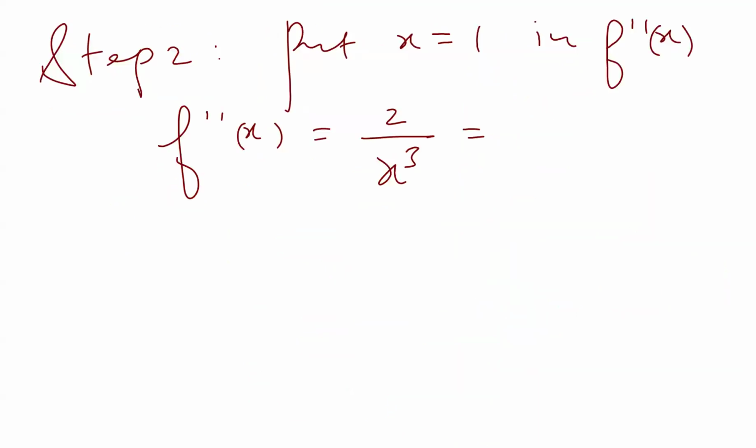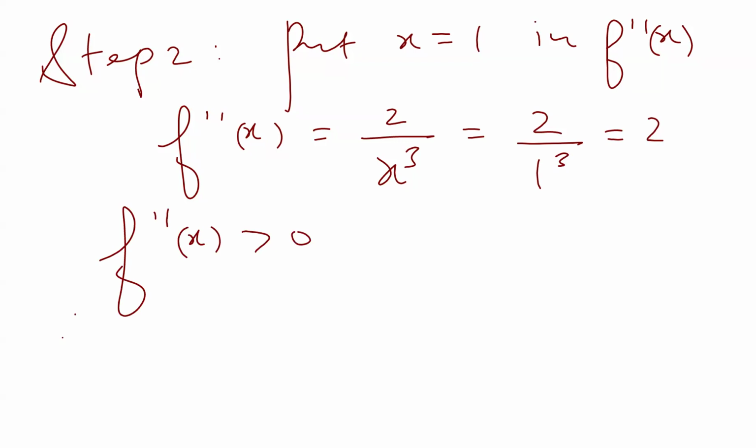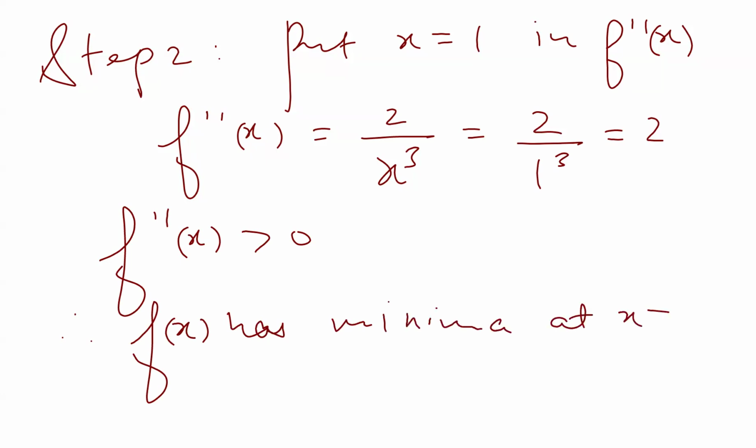So put the value of x as 1 over here. So this is 2. f double dash x is greater than 0. Therefore, f of x has minima at x equal to 1. Don't write x equal to 2. 2 was the testing value, greater than or less than 0. The minima is at x equal to 1.